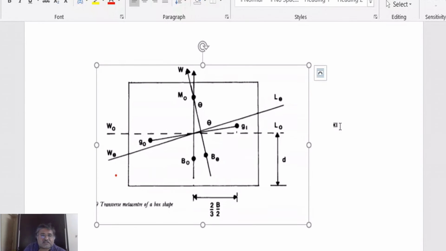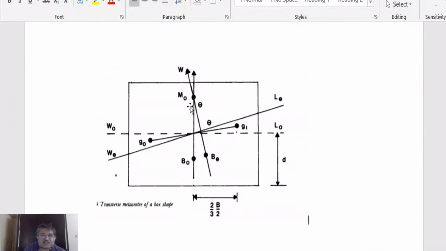As you can see, the ship has heel like this, and therefore this much region of the ship has gone into the water, and this much region has come out of the water.